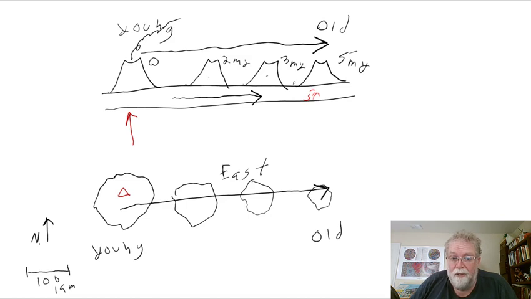Well, I know this volcano here is 5 million years old, right? Okay, and I know that when it was active, it was over here. Right, so I know that it took this island here 5 million years to go from here to here. Well, how far is that? Well, that's 100 kilometers, right?